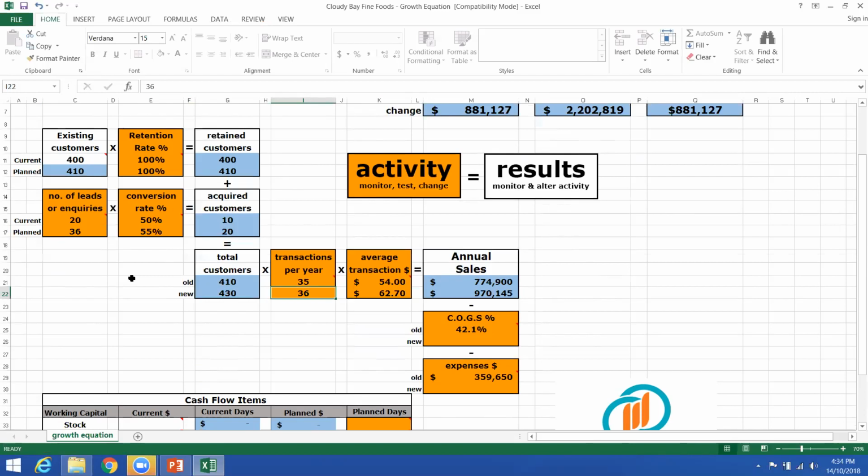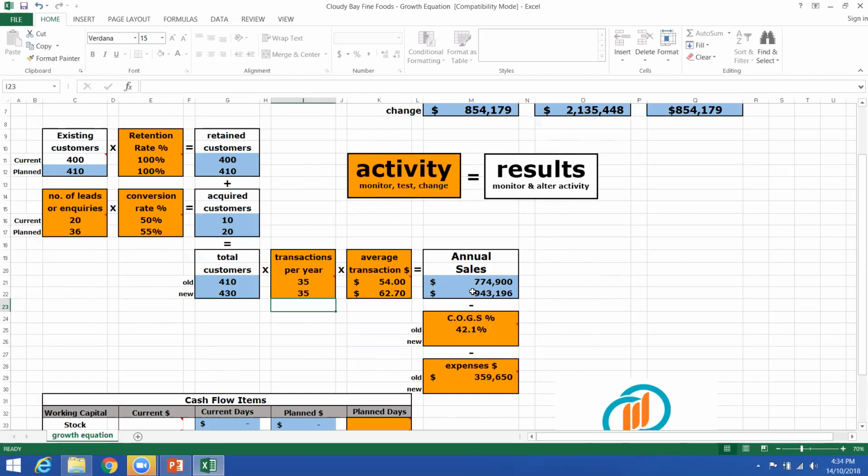Having a look at the number of transactions per year, we only increased it one more time per customer per year. So I'll take that back to 35 and see what difference it made. Well, that's a very substantial difference.